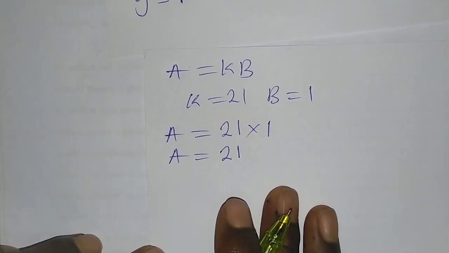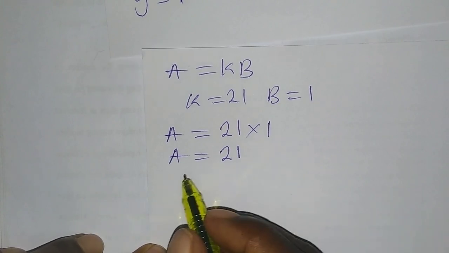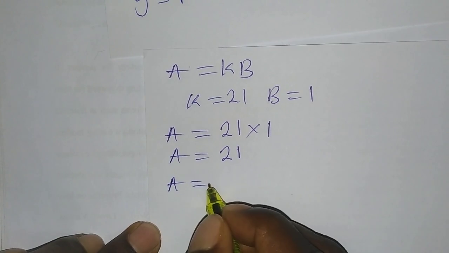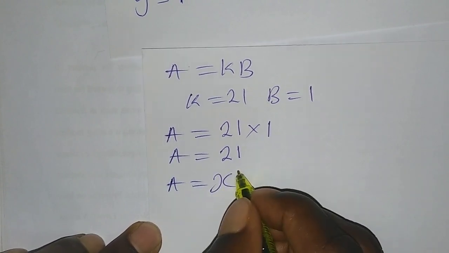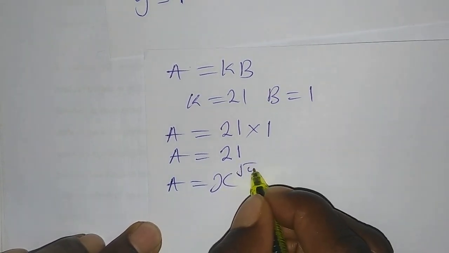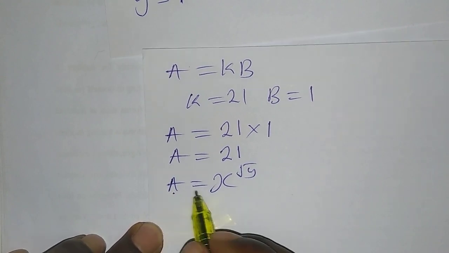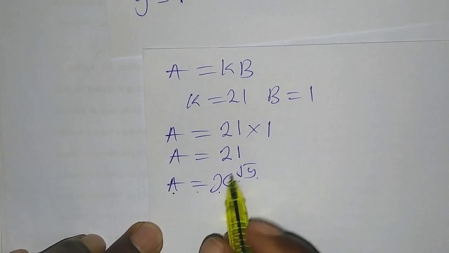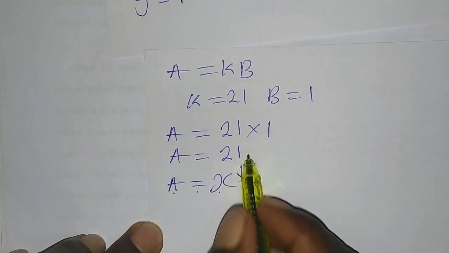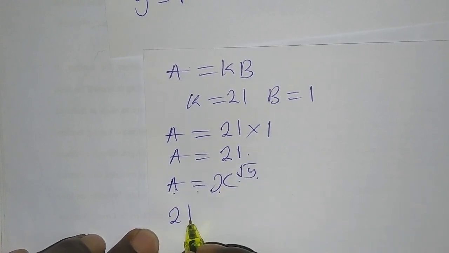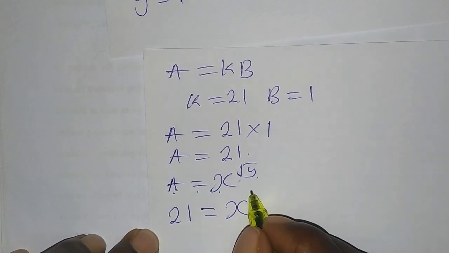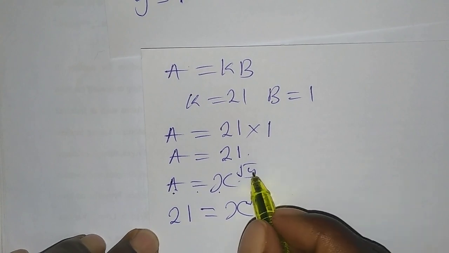But we have our value of a as x to the power of root y. We let a be equal to x to the power of root y, and our a now is 21. Therefore, we have 21 equal to x to the power of root y.